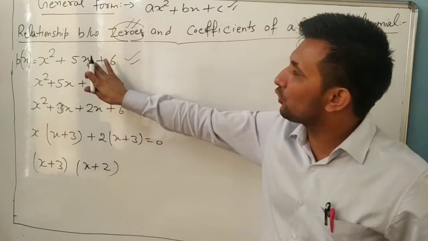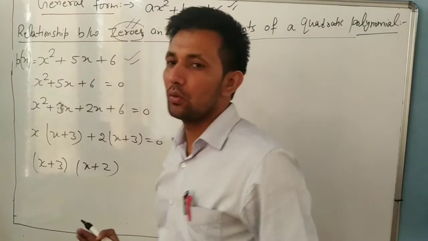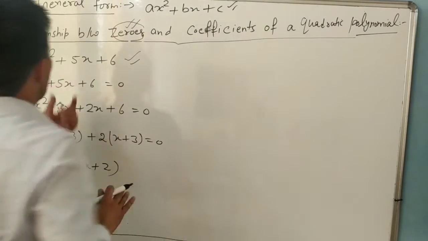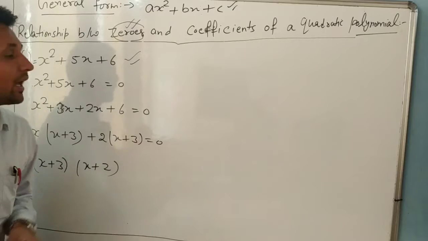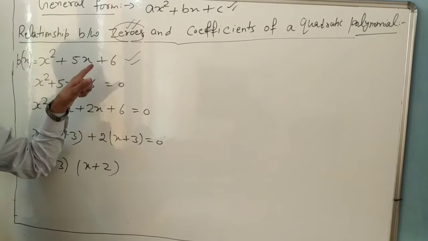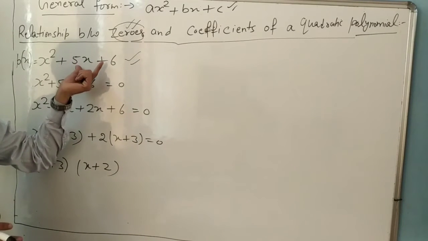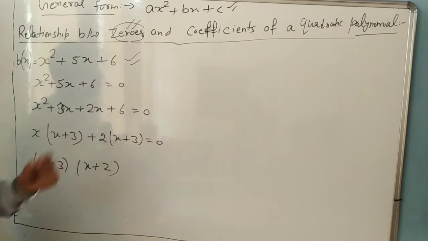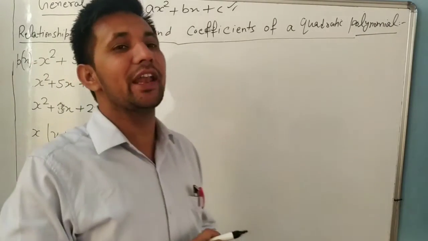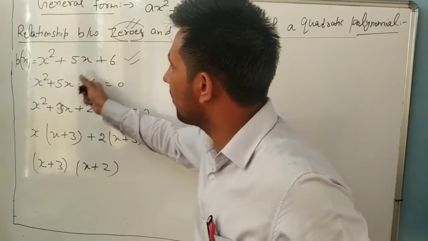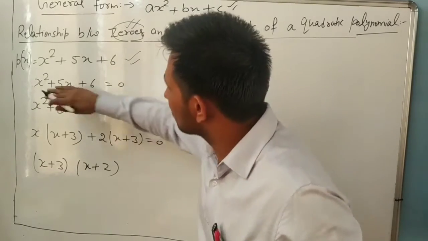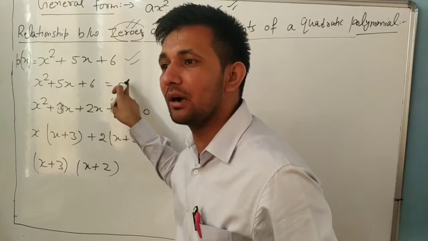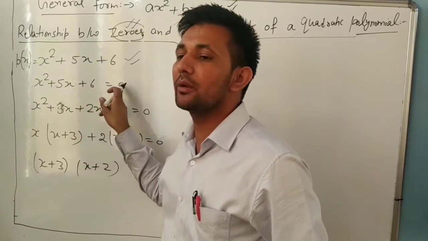If you want to find its zeros, everyone knows, zeros mean what value you put in place of x so that it becomes 0. So if you want to find the zeros of any polynomial, first we will equate it to 0, because some value we put for x, then it becomes 0. That's why we equate to 0.